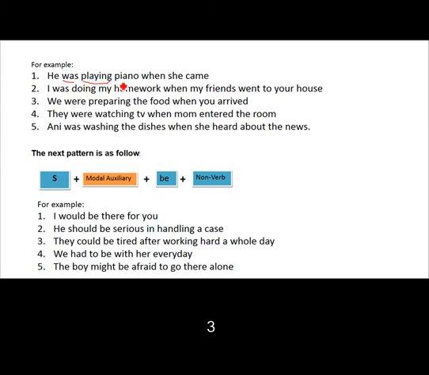The activity of playing piano was being done when she came. What about now? Do you think that he is playing piano again now?